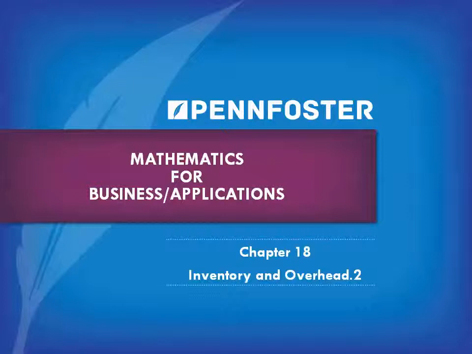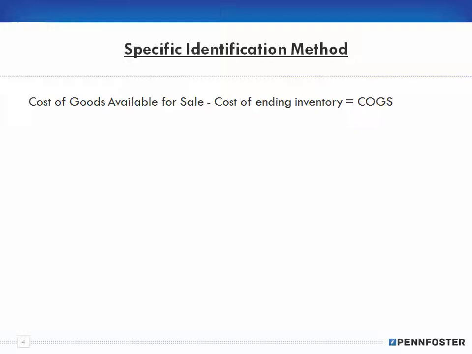And in this second video, we are going to be talking about the specific identification method. So this is a valuation method in order to determine our cost of goods sold. Okay, and this one really is very, very simple.